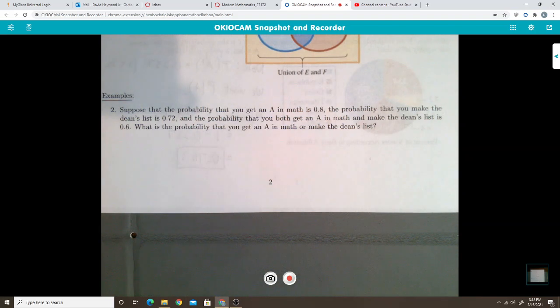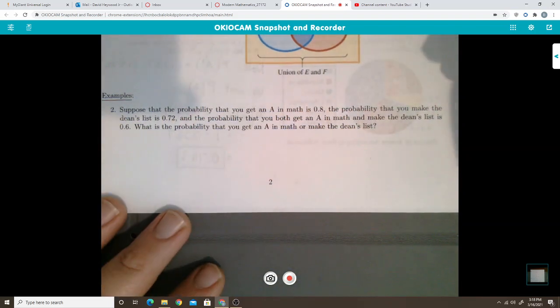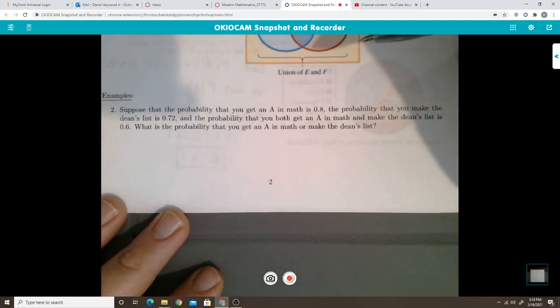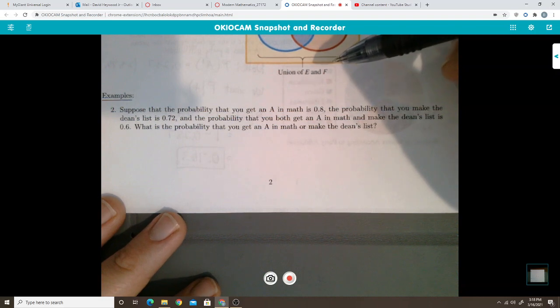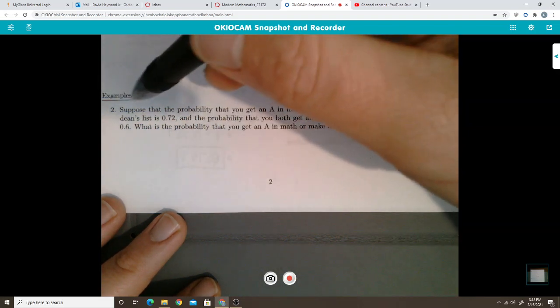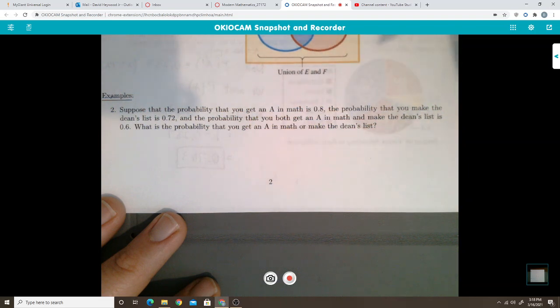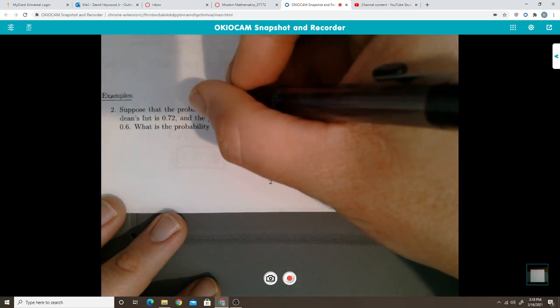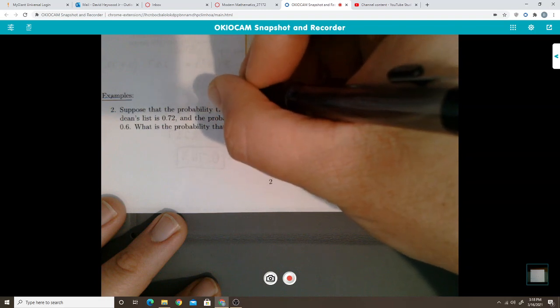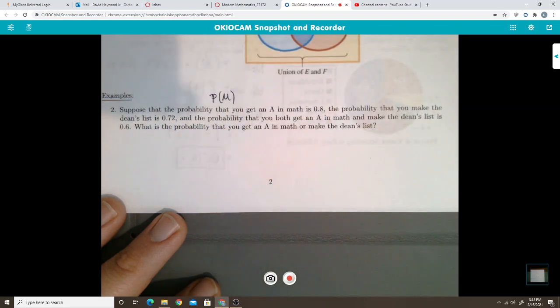Okay, so here's what I'm going to do. I'm going to try to translate some of these sentences into some probability notation because it's going to make things easier, right? So the first statement says, suppose that the probability that you get an A in math is 0.8. So I'm going to call that M, M for math.